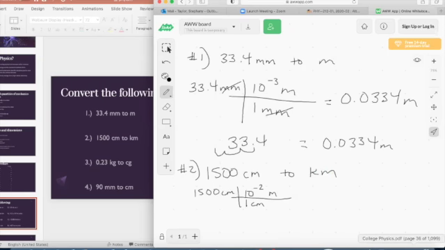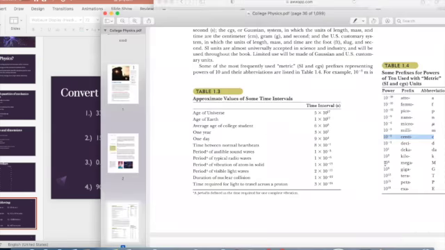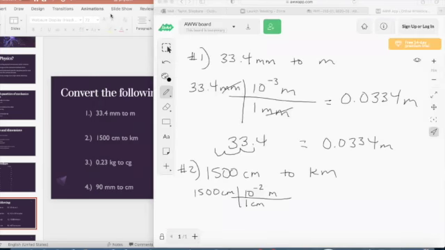So if we go back to the table, we'll see that kilometers is down here, which is K. All right, that's 10 to the 3rd power. So we're going from a negative exponent to a positive exponent. All right, so let's extend the table. Okay.